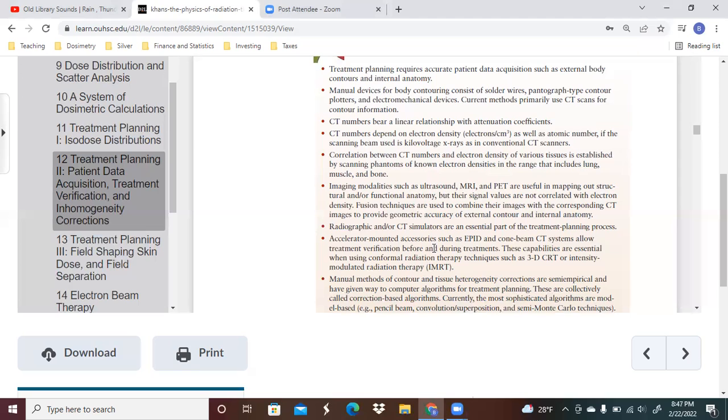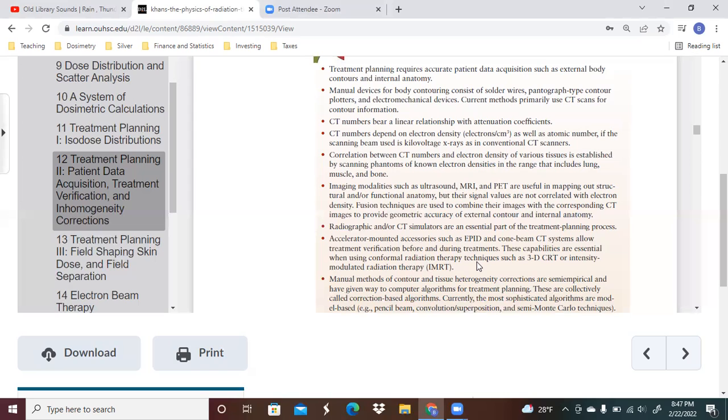Accelerator mounted accessories such as EPID and cone beam CT systems allow treatment verification before and during treatments. These capacities are essential when using conformal radiation therapy techniques, 3D, and IMRT. Most of your clinics right now are going to have some form of EPID or CBCT, kV-kV, megavoltage MV orthogonals, that kind of thing.